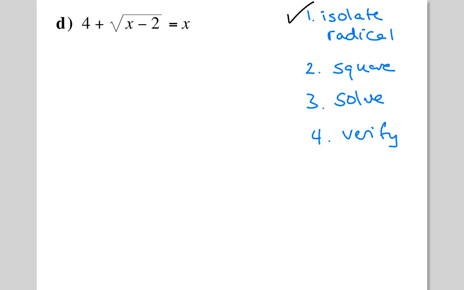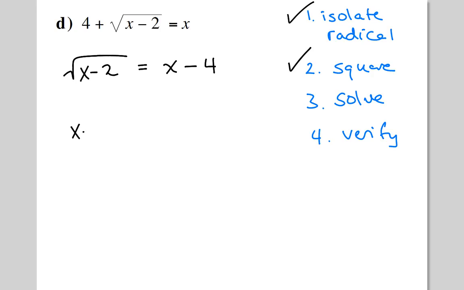Is it isolated? Please do that. What's in the way? And is the x minus 2 term positive? So it makes sense just to put the 4 over there. On the left-hand side, you just have the root of x minus 2, and on the right-hand side, you have x minus 4. Now we got to do the second step, which is square.